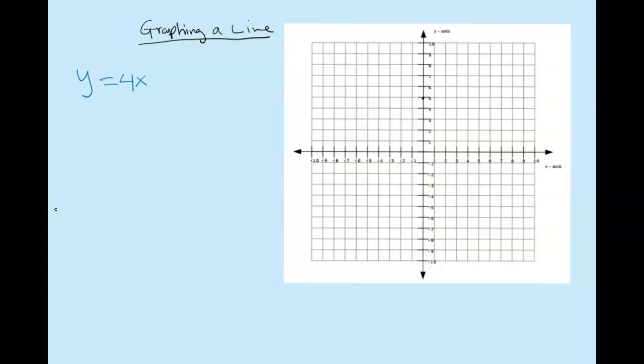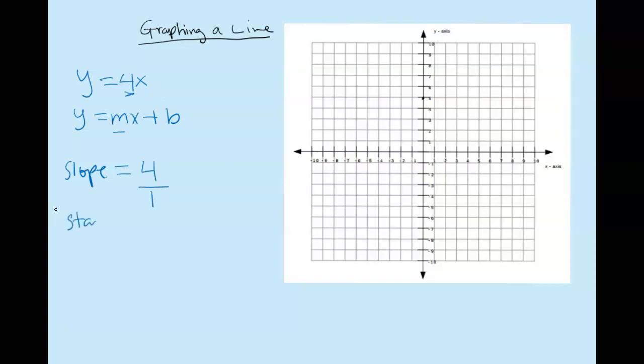Right, let's graph our last line here. So here we have y equals to 4x. So we write our mx plus b. So here we see that our slope is equals to 4 over 1.